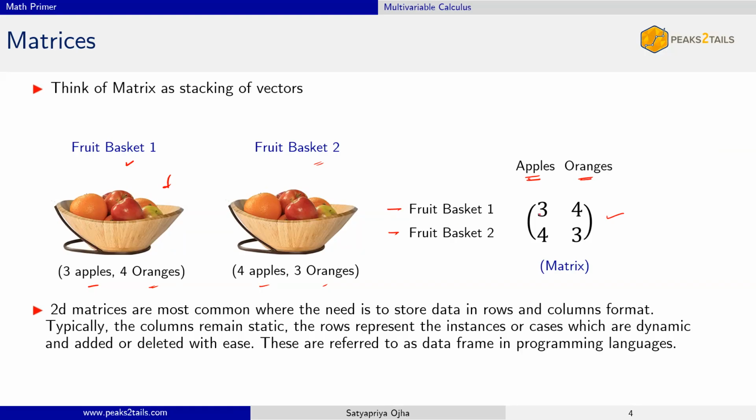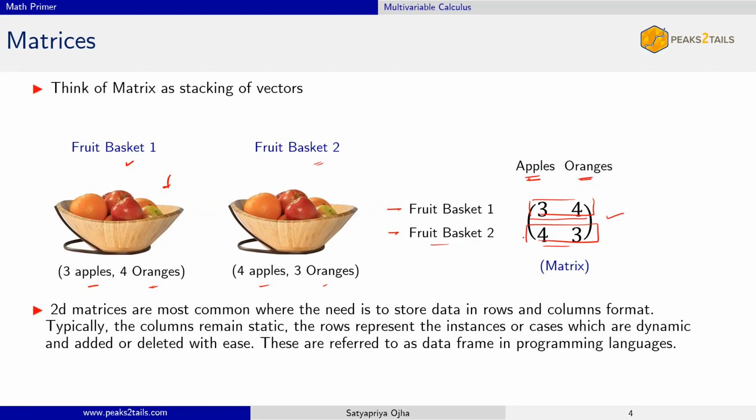Fruit basket 1 becomes one row vector, 3, 4. Fruit basket 2 becomes another row vector, 4, 3. Columns are apples and oranges. Okay, so this is one way of representing this. Basically, I'm stacking 2 vectors together. So vector 1, vector 2. That's the matrix. In the broadest sense, that's the matrix. It's just basically you're stacking multiple vectors together.